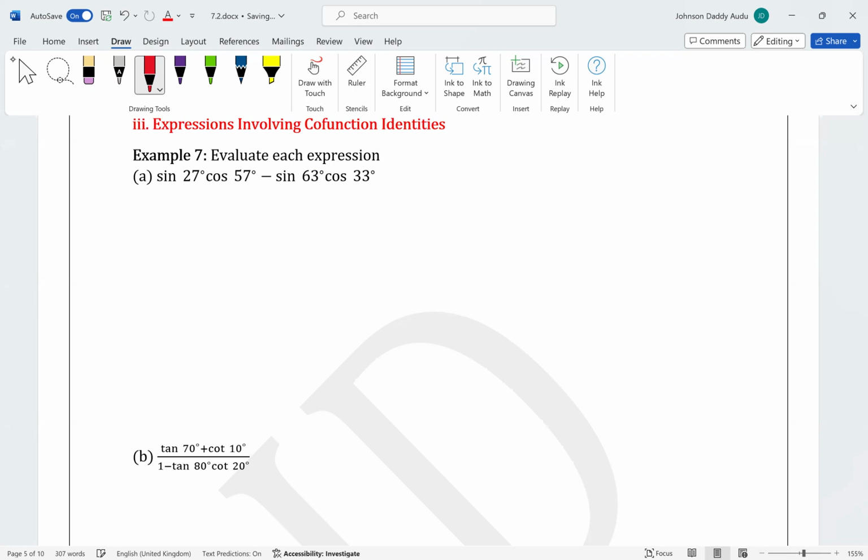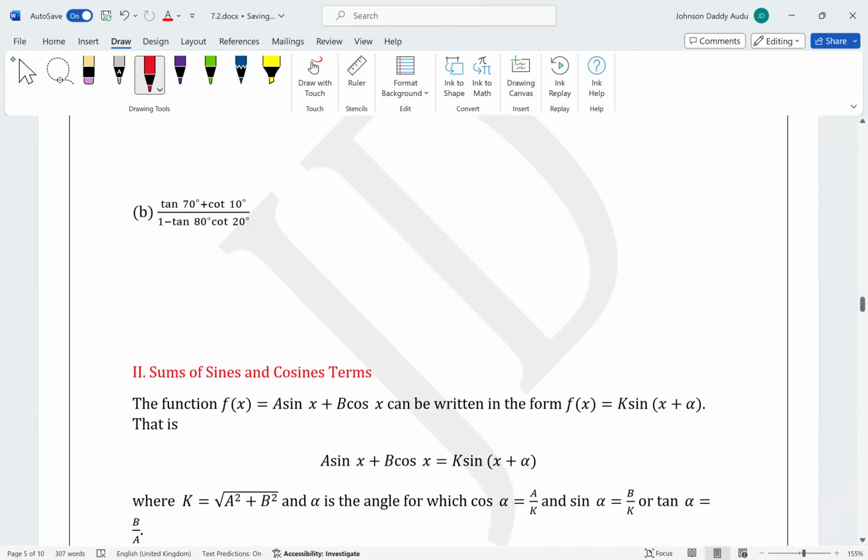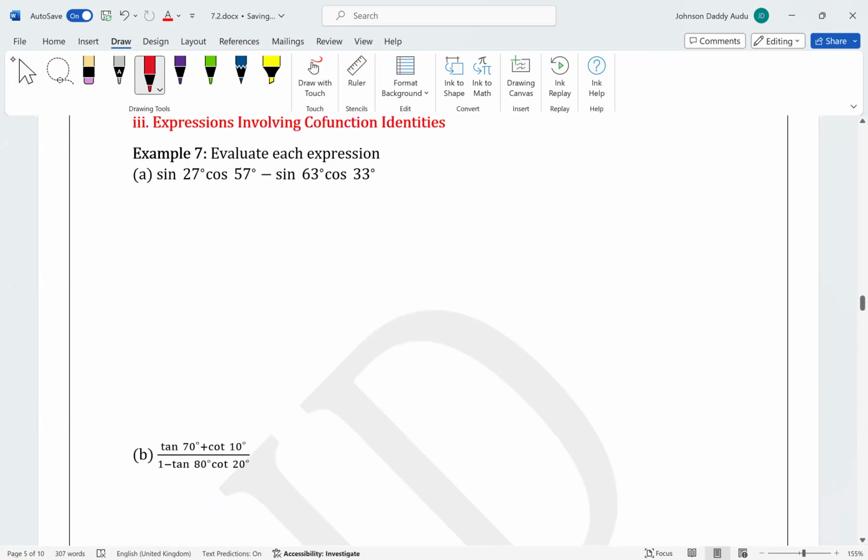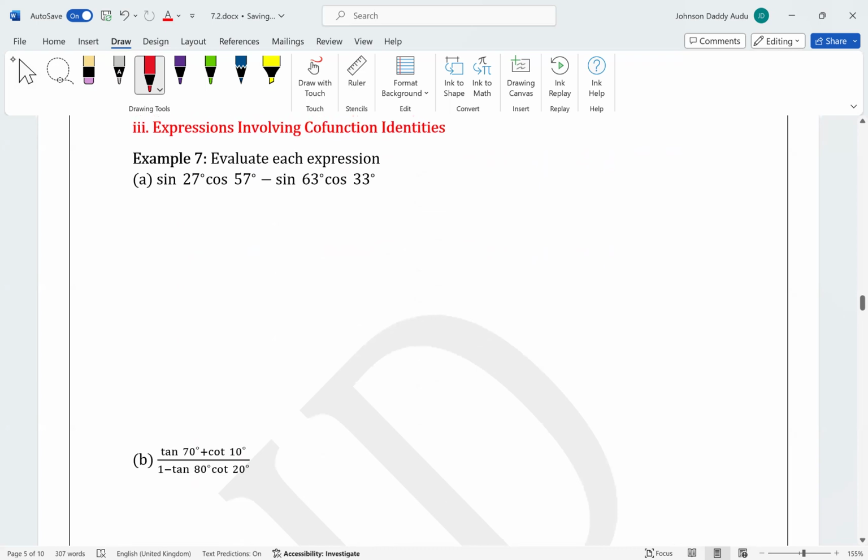Okay, now look at this one here. It says evaluate each expression. This is sine 27 over cosine of 57. So what we can do here, we can use the co-function identities, right? We can use the co-function identities. And how do we do that?